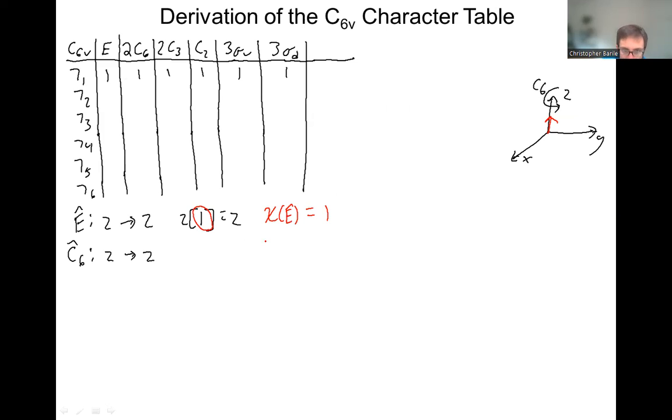So we're going to end up with the exact same logic here, where chi of C6 equals 1. And the same thing is going to happen with C3 and C2. I'm not going to write it all out, but these are just different rotations. But again, because we're rotating about z, nothing happens.